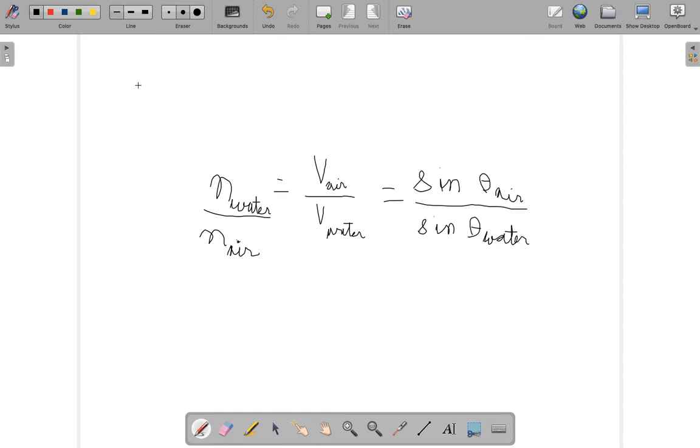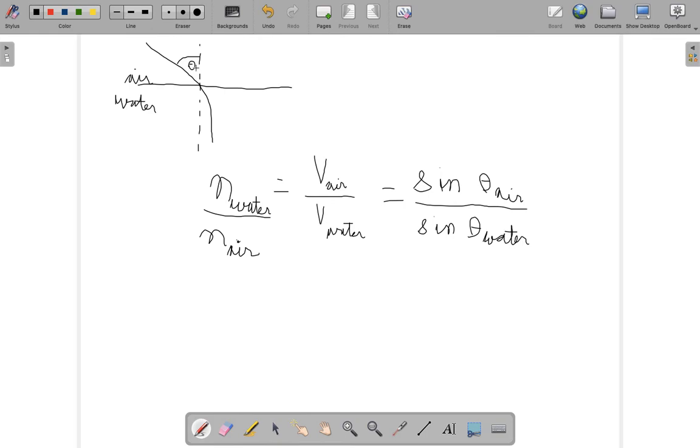When I say theta air or theta water, let's say the wave is coming through the air like that, and then into water. It bends inwards because it's slower in water. Remember, when we take angle of incidence and angle of refraction, we always take the angle to the normal.